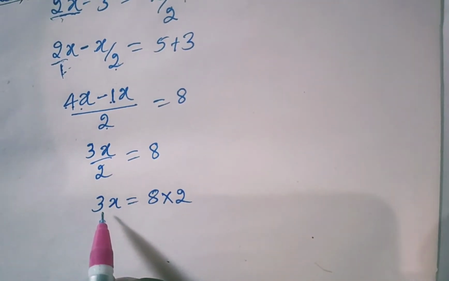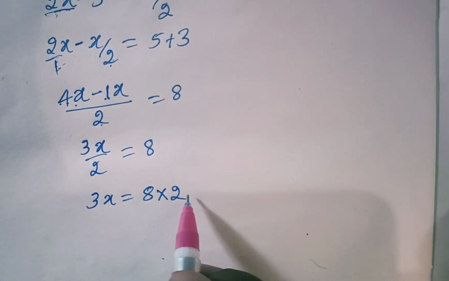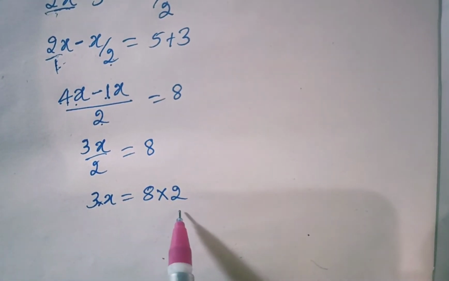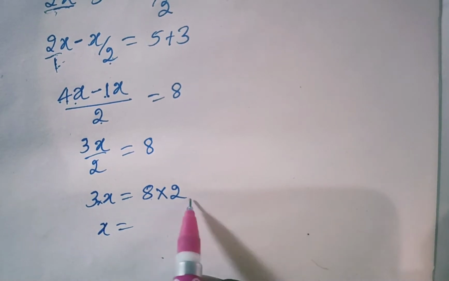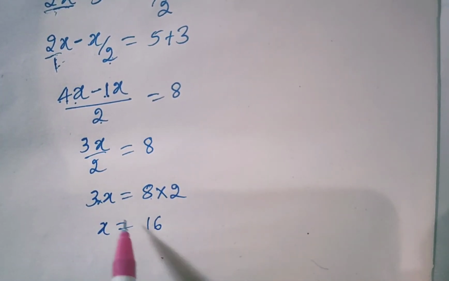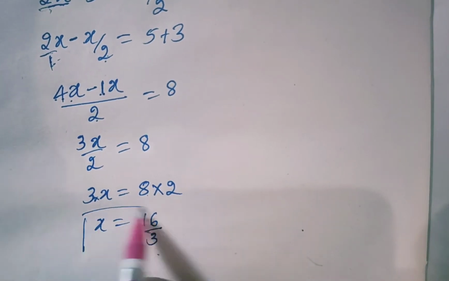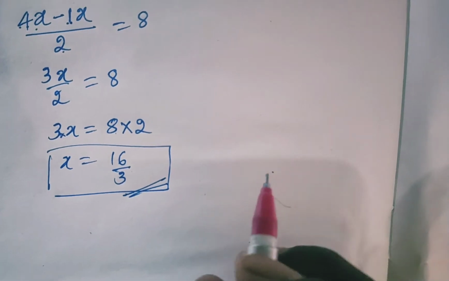See, most students, what you have done, you have taken this plus 3 is equal to minus 3 here. It is wrong. Here multiplication is there, that becomes division. So x is equal to, first 8 into 2 is 16, then here multiplication is there, that will be divided here, 16 upon 3. So this is the final answer. Okay, did you understand this?